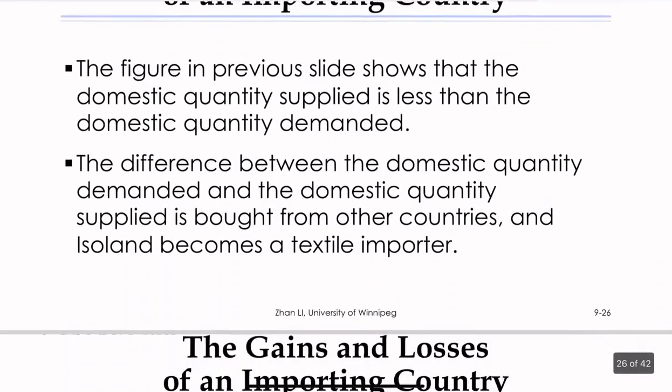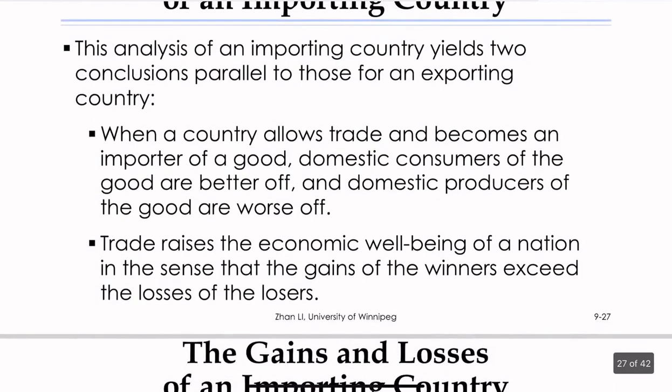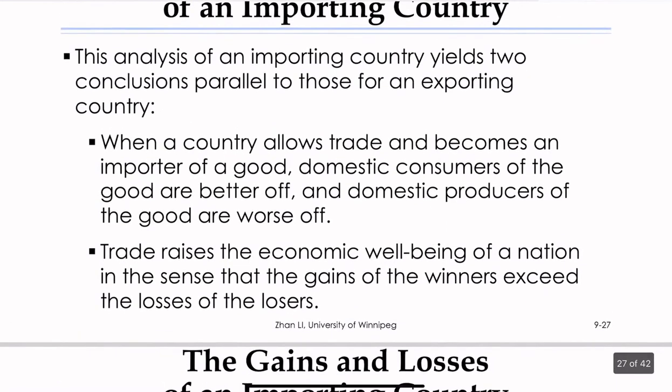So let's summarize the finding here. When a country allows trade and becomes an importer, domestic consumers of the good will be better off, and domestic producers will be worse off, right? That is, consumer surplus will increase and producer surplus will decrease. And the total surplus will increase, right?